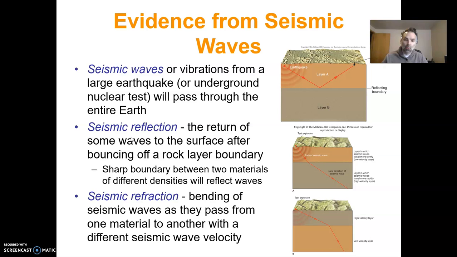So here's more on evidence from seismic waves. So there's three types of waves here and different properties. First, your seismic wave we talked about is basically the vibrations from a large earthquake.